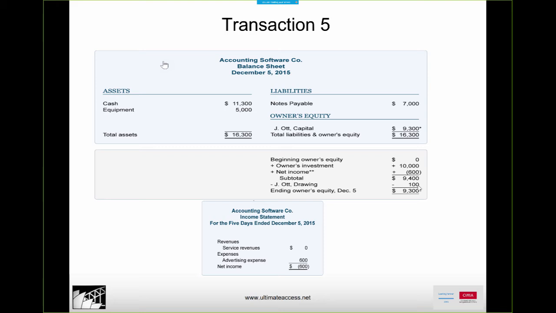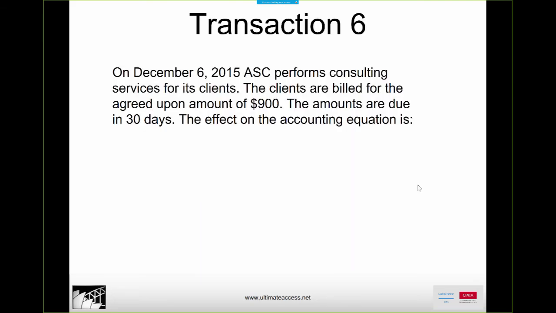Transaction 6: it performs consulting services for its clients. The clients are billed for the agreed upon amount of 900. The amounts are due in 30 days. The effect on the accounting equation is what? So here we are talking about a sale coming through. What do you think?